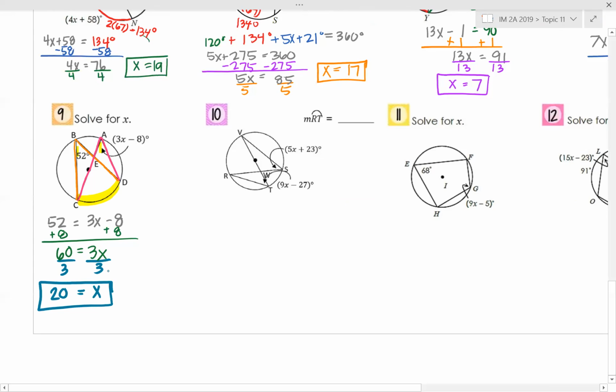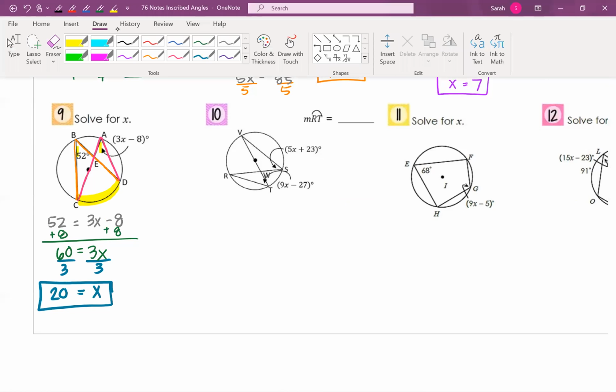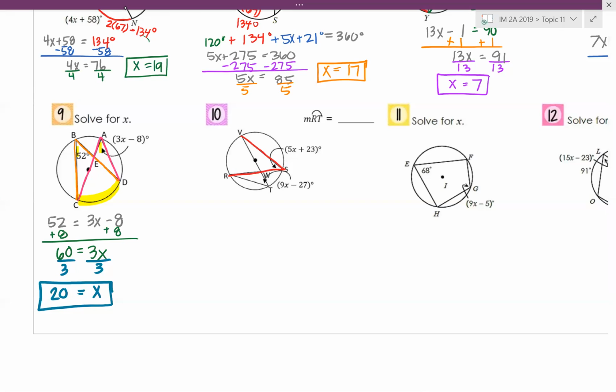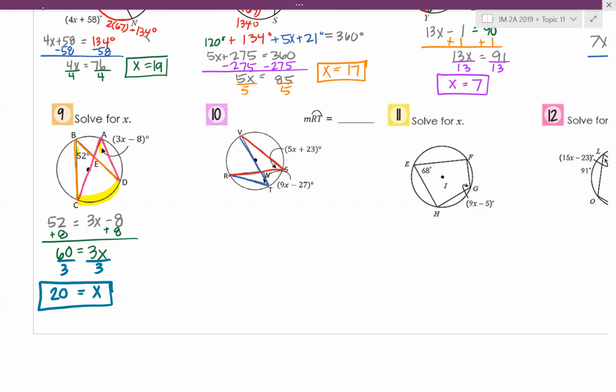Number 10 involves a similar picture where I have 2 inscribed angles that I'm given. I'm given that angle VSR is the expression 5x plus 23, and I'm given that angle VTR is the expression 9x minus 27.